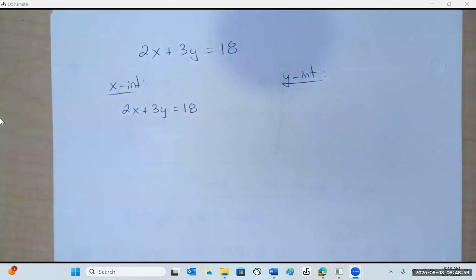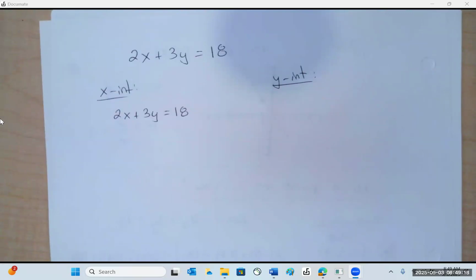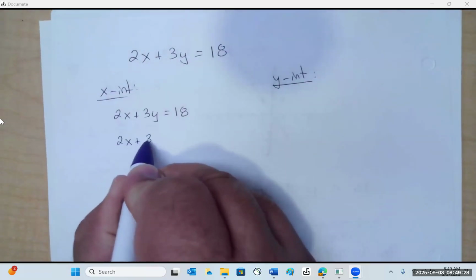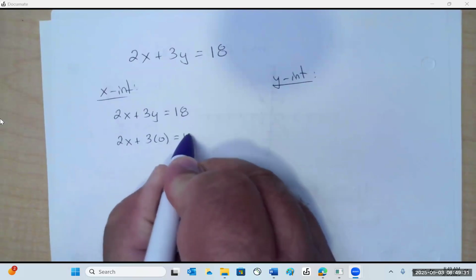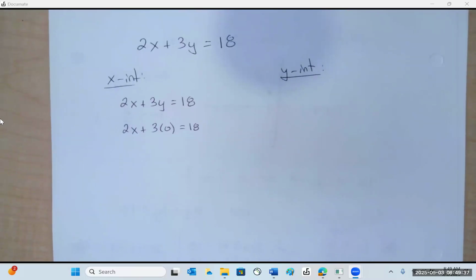How do we find the x-intercept? Set y equals 0, so we have 2x plus 3 times 0 equals 18, and then solve for x.